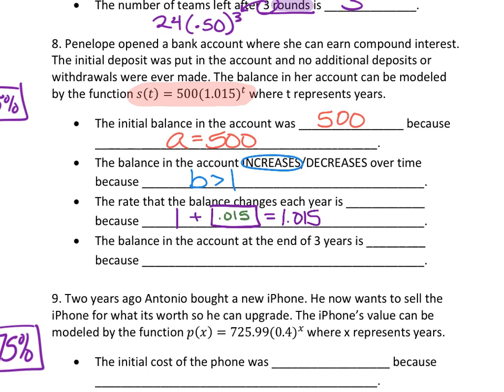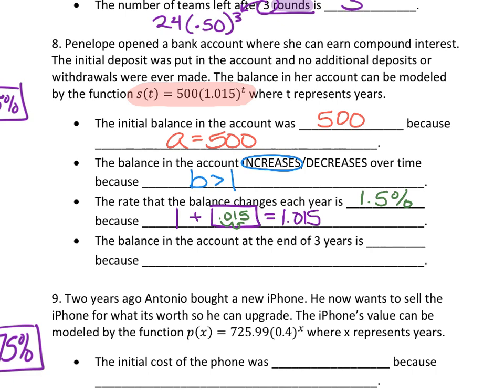So 0.015. So 1.5%. We move the decimal twice, and we get 1.5%. That's how her rate changes each year. She got a 1.5% account, which is actually pretty good.